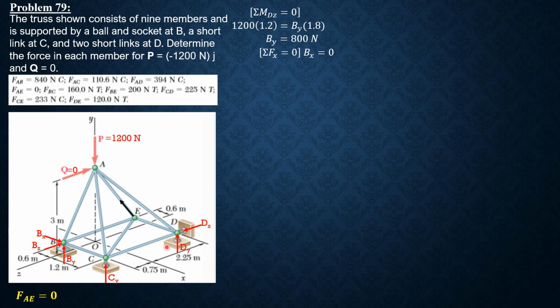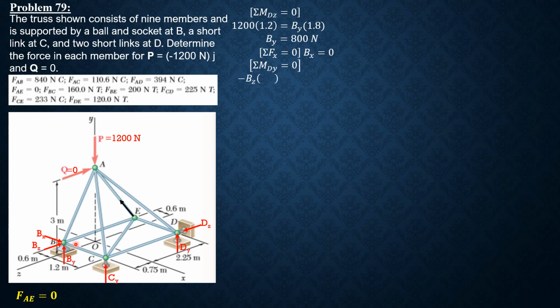Then summation of moment about dy equals 0, to solve for Bz. So this is the dy axis. The positive sense of moment will be this. So Bz is negative. So negative Bz times 1.8, supposedly plus Bx times 3, but because Bx is 0, it's not involved.